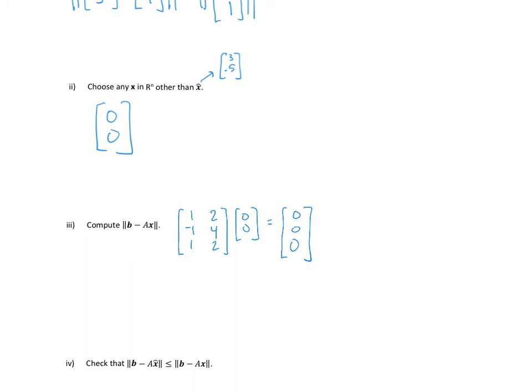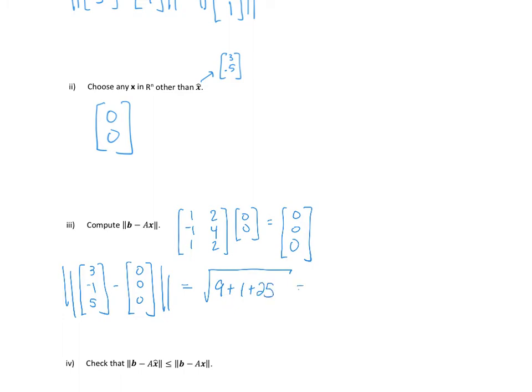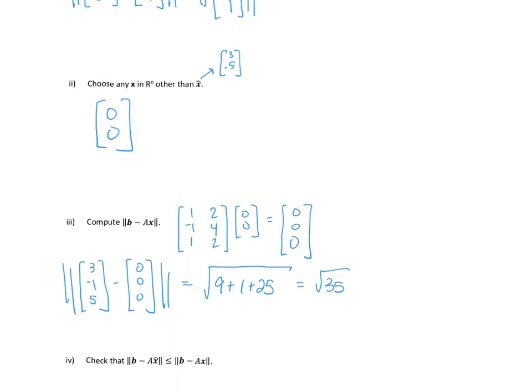Then I have to do B minus that and take the length. So B, 3, -1, 5, minus 0, 0, 0, and take the length. So that's going to be the square root of 9 plus 1 plus 25. That's the square root of 35, and that is bigger than the square root of 2.